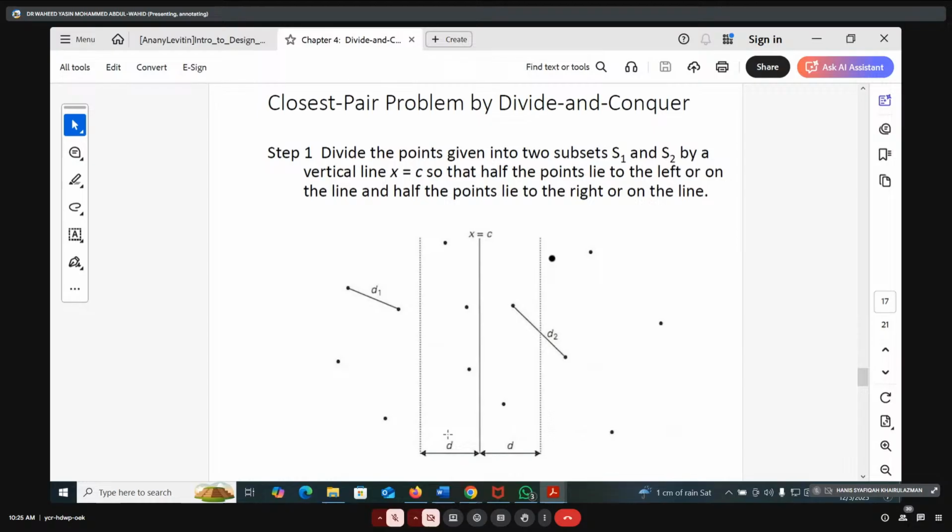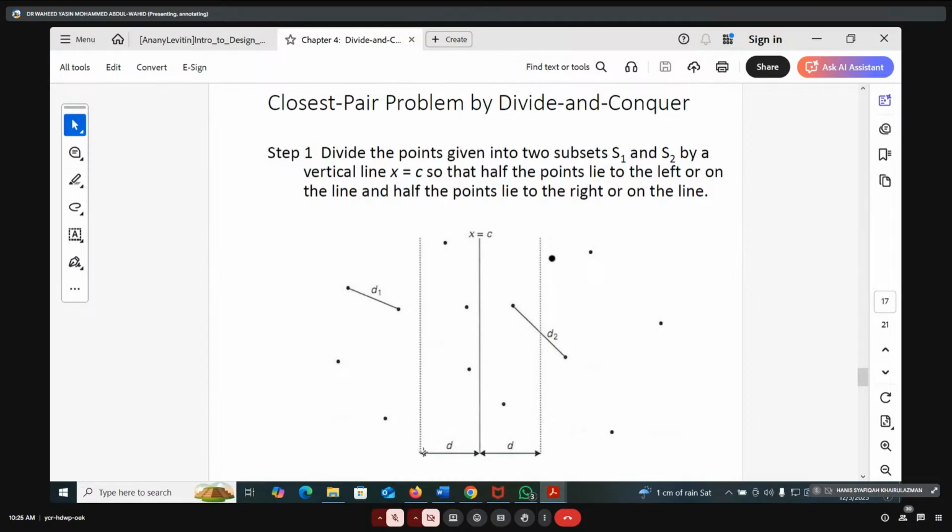Then I take the median and make a strip of 2d: d to the left and d from the median to the right, 2d in width, and the height is d. Then I will have the points.